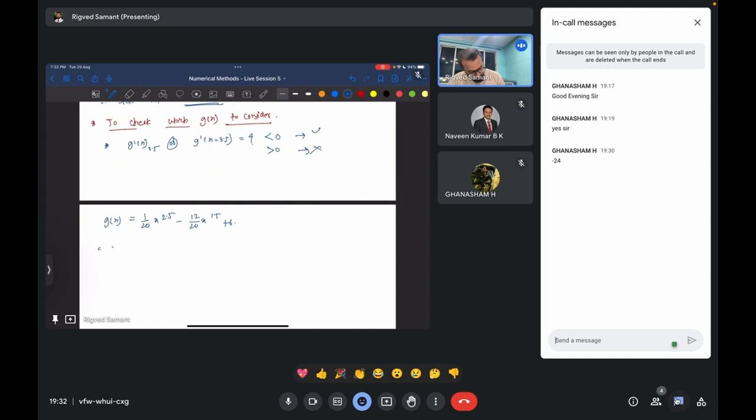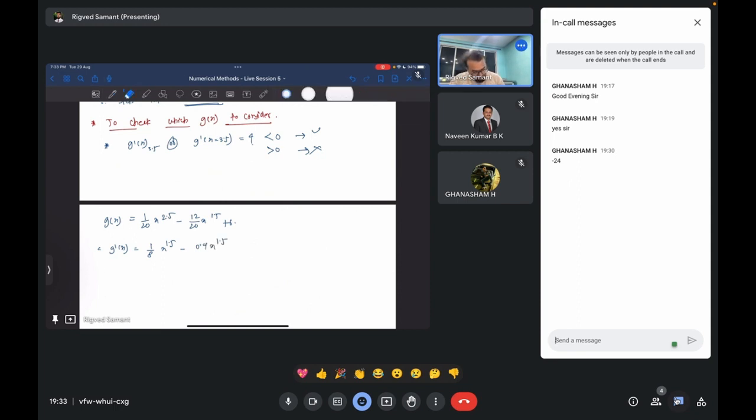What will be g dash of x? 1 divided by 20, 2.5 divided by 20 is 1 by 8 x raised to 1.5 minus 18 divided by 20, right? It is 0.9 x raised to 0.5 plus 0.